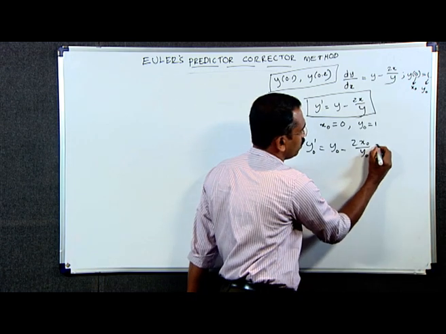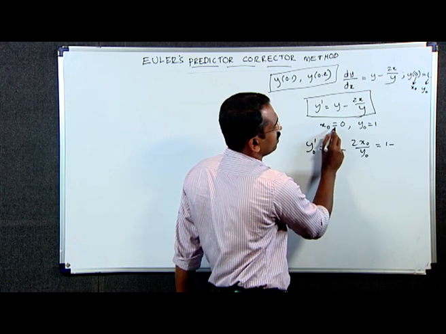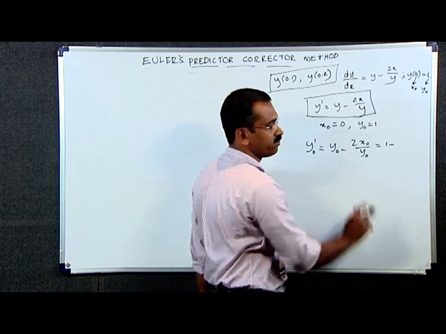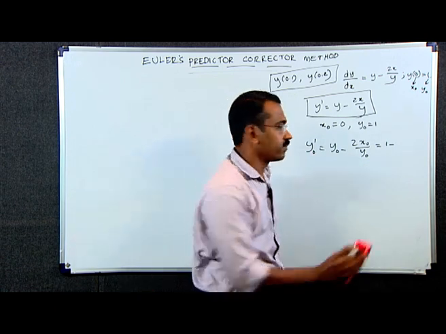This is equal to, y naught is 1, x naught is 0, therefore this term will become 0, that is y naught dash is equal to 1.